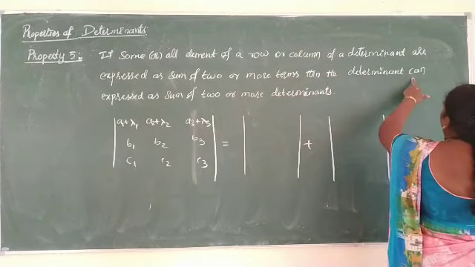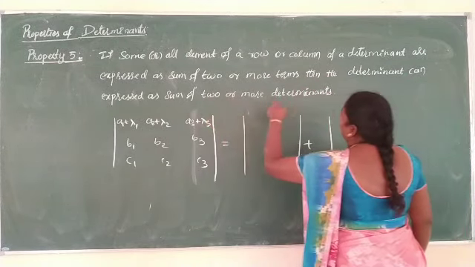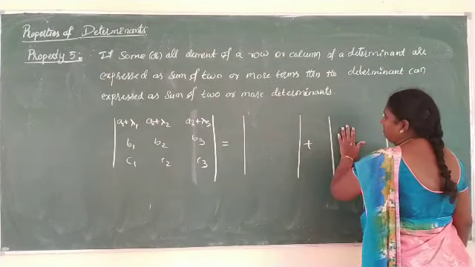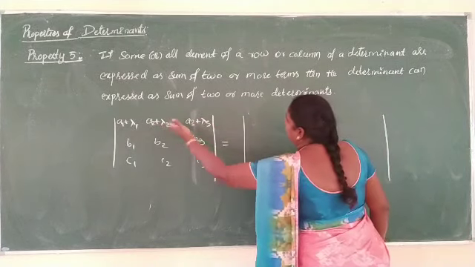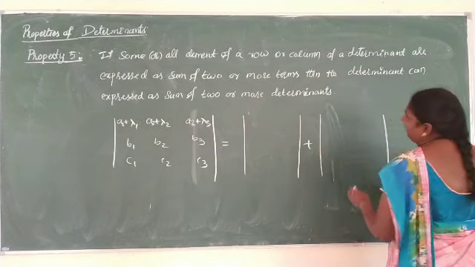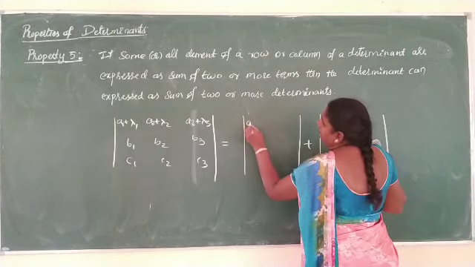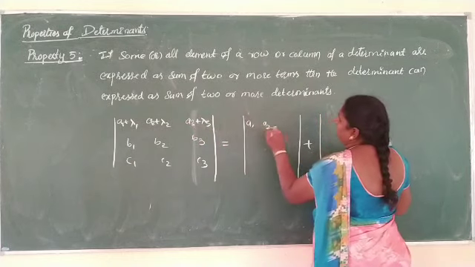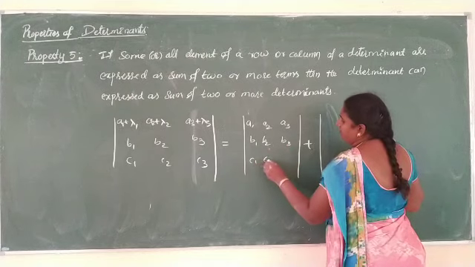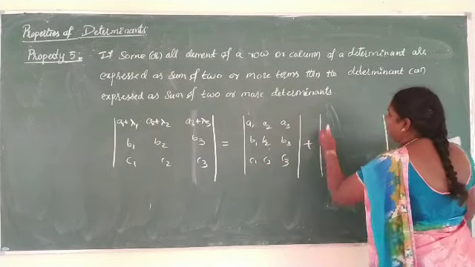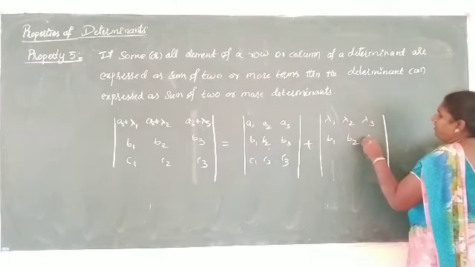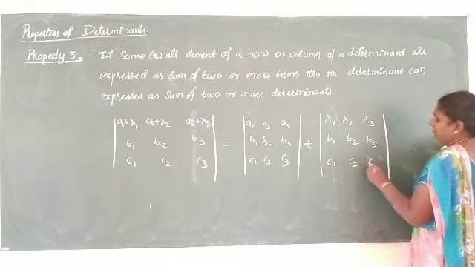Then the determinant can be expressed as the sum of two or more determinants. Here these are two terms, that's why we can express it as two determinants. Suppose we have a sum of three terms, then this determinant we can write as a sum of three determinants. So what we write: in the first determinant we write the first elements a1, a2, a3, b1, b2, b3, c1, c2, c3, and in the second determinant lambda 1, lambda 2, lambda 3, b1, b2, b3, c1, c2, c3.